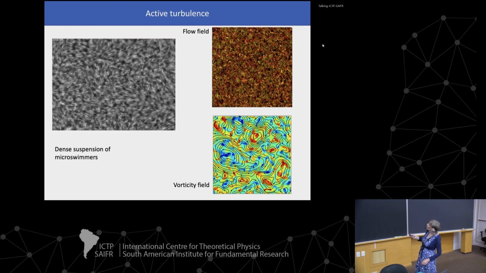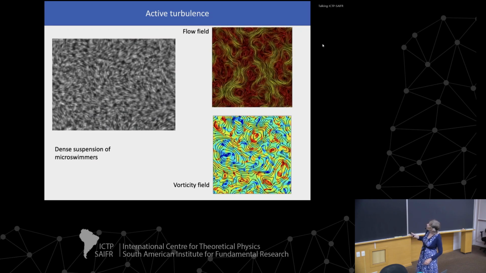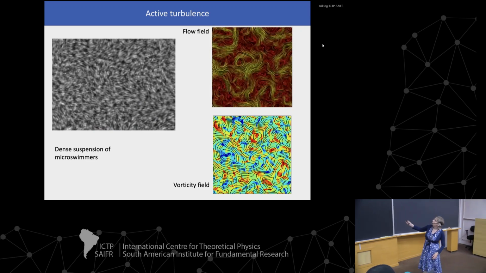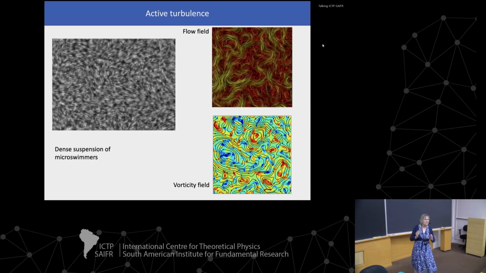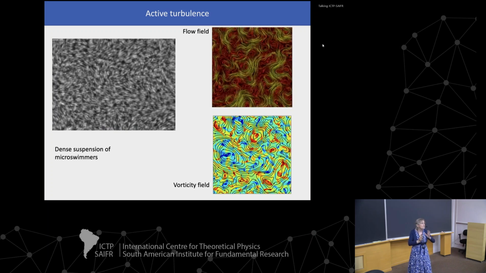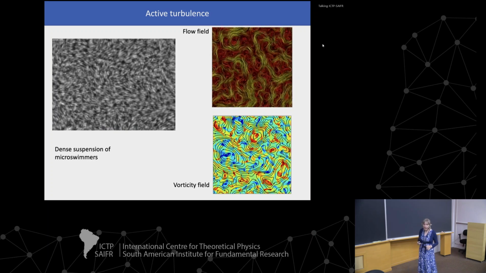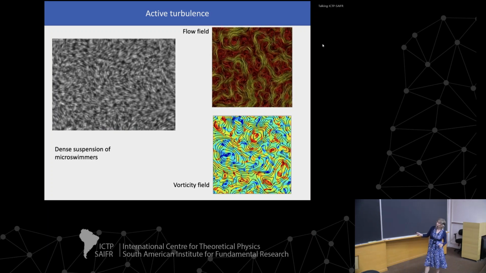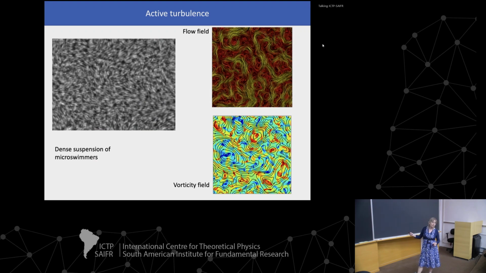If we're lucky. Come on, move. Yep. And what you see is you get these sort of velocity jets. The yellows are regions of high velocity, so you tend to get these velocity jets. And in this active turbulence, you get loads and loads of vorticity.